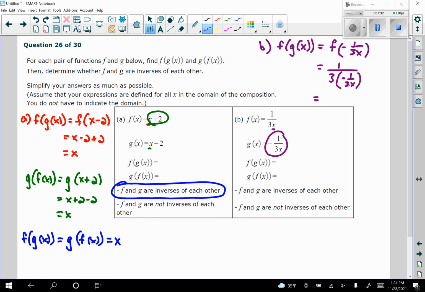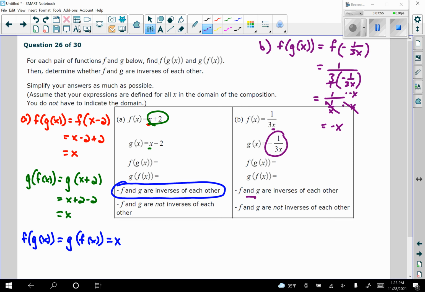So what's going to happen here is that the 3's are going to divide out because technically this is a 3 over 1. So we're left with 1 over negative 1 over x. And I can multiply top and bottom here just by a negative x. So now I really get just negative x because these will just cross out here. So that's not equal to a positive x, it's equal to a negative x.